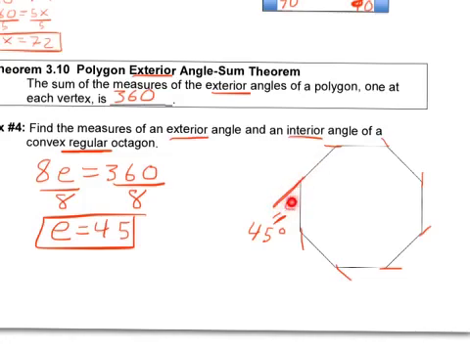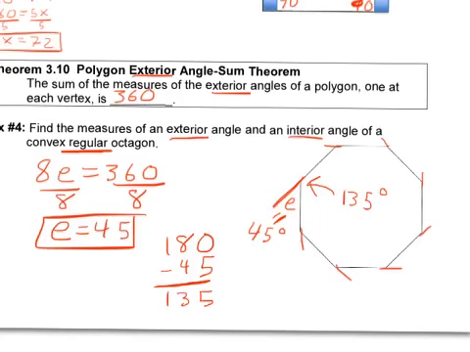So if this angle is 45, what does this one have to be? Well, it's just 180 minus 45. We could do that pretty quickly. 180 minus 45 is 135. So the interior angle, this angle right here, is 135 degrees.